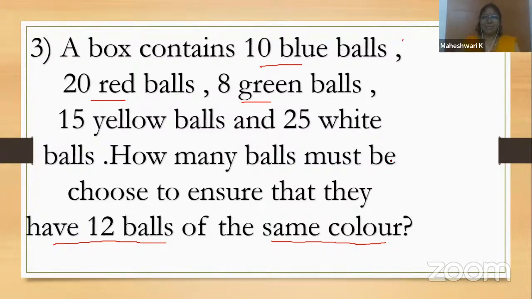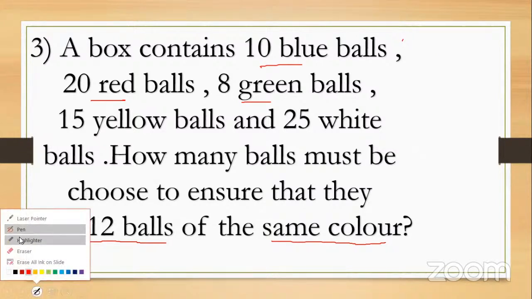How many balls must be chosen to ensure that we have at least 12 balls of the same color? Yes, minimum or at least should be there. I missed that, but I read it out. Okay, fine, I'll write: minimum balls.